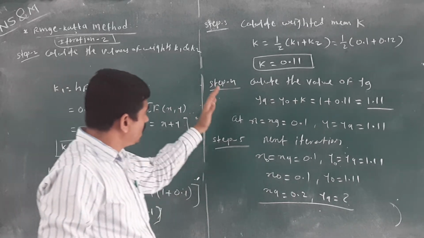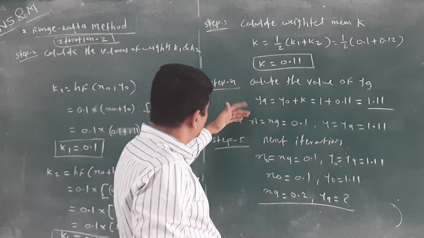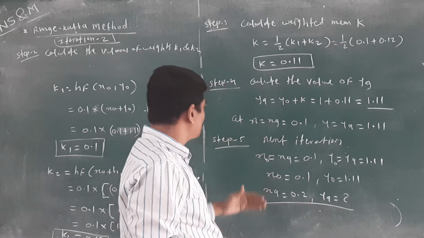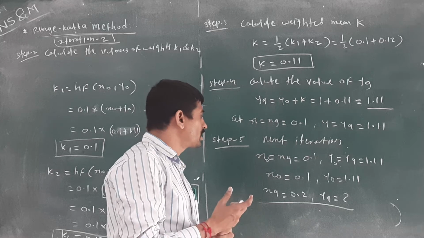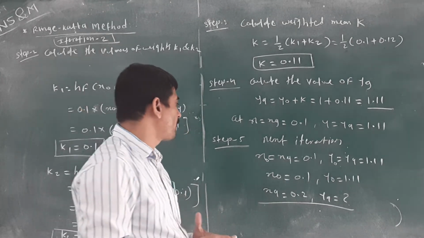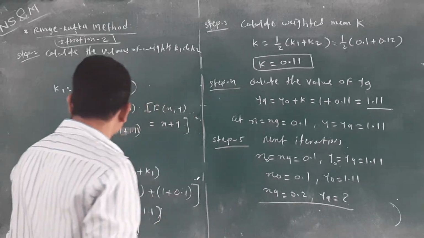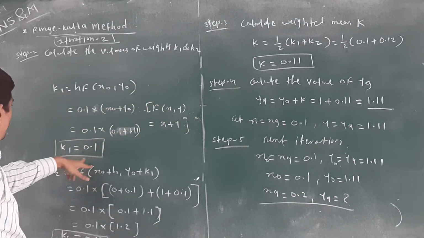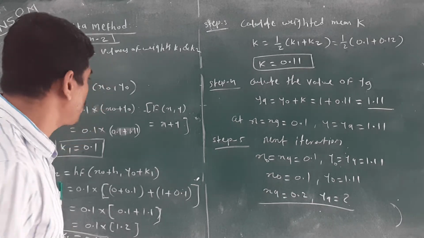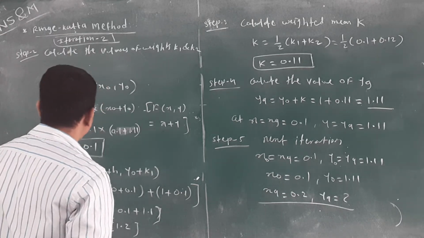Okay, before going on, whatever you have got in iteration number 1, you have to write in step number 5. Which values are required? x0, y0 and xg. Okay, then I have written here this value and calculate the value of K1. What is the value of K1? One minute.